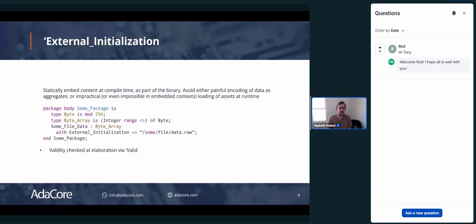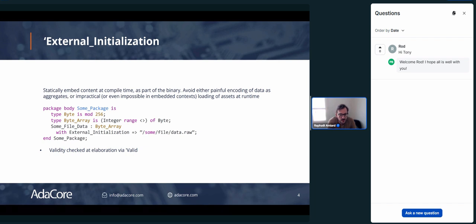So the first feature I'm going to go over is the external initialization attribute. This is an attribute that can be used by programmers to statically embed content in your binary at compile time.